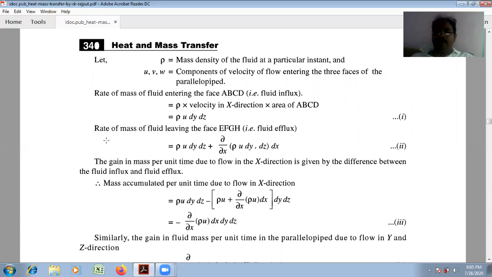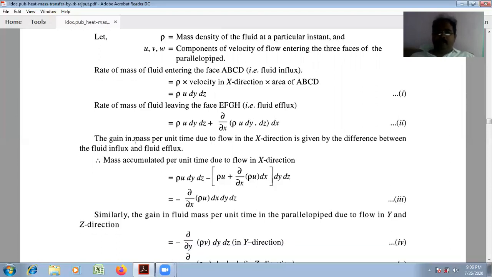Similarly, the rate of mass of fluid leaving the surface EFGH is denoted by efflux, while the entering one is the influx. So efflux is rho u dy dz plus del upon del x of rho u dy dz into dx. Similarly, the gain in mass per unit time due to flow in x direction is given by the difference between the fluid influx and efflux.